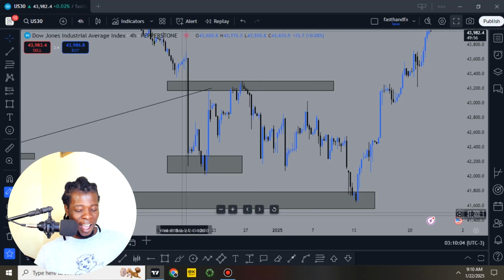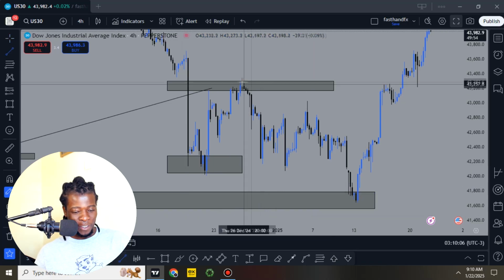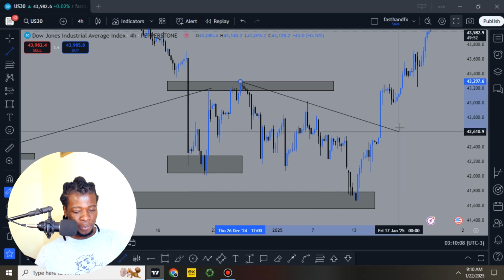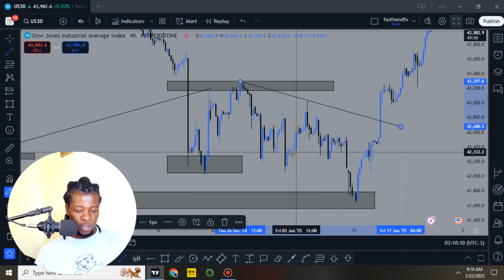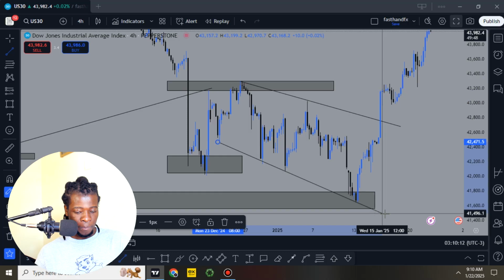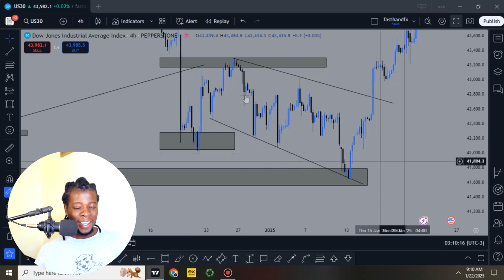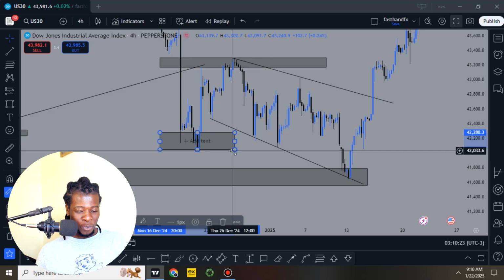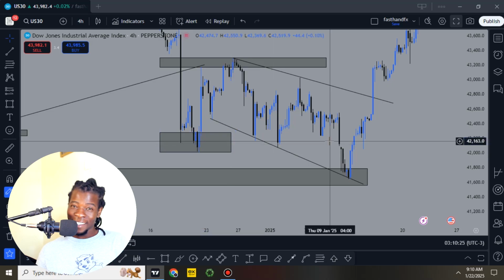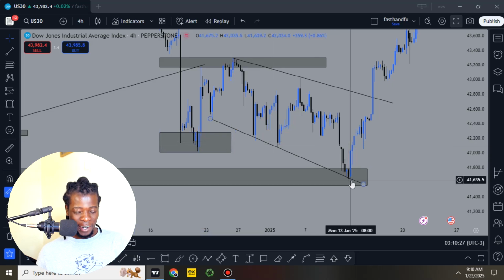Now for me, I do add a trend line. We had this right here. We also do the same right here. Now if you see what US30 did, it went back, took out this liquidity. Here we go. Those who know what I'm talking about, liquidity. Then it went back, touched that level right there, the previous demand zone, correct?